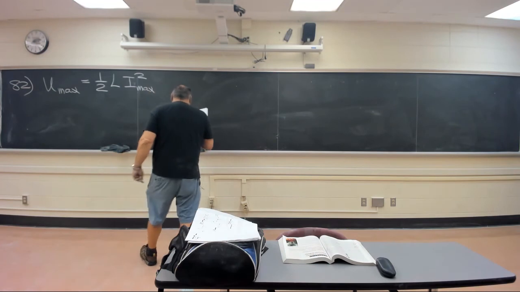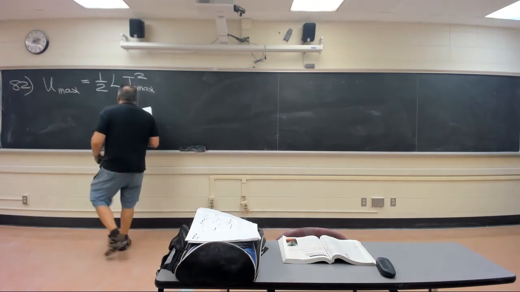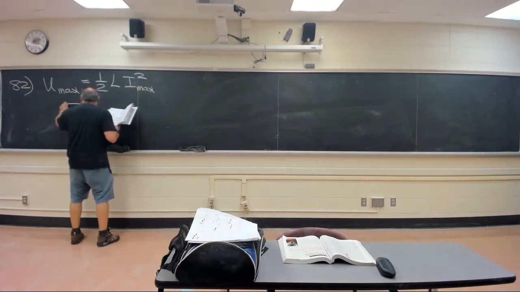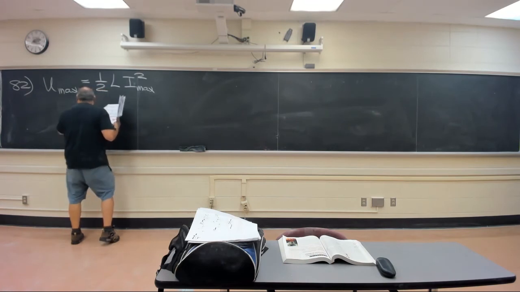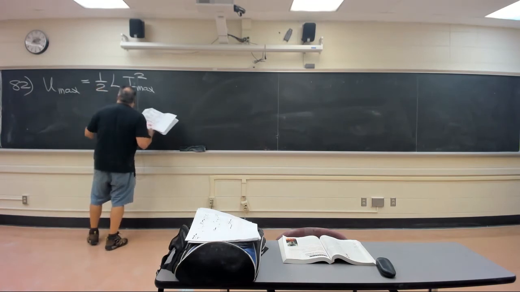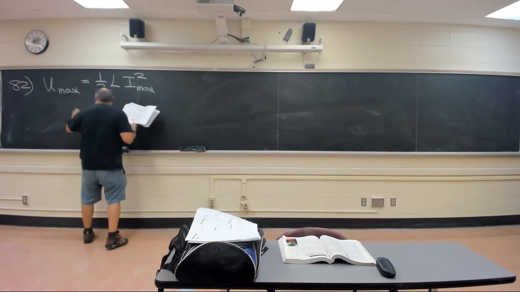Yeah, we know that formula. Let's solve for the maximum current. Let us multiply each side of this equation by 2, divide by L, and then square root both sides.